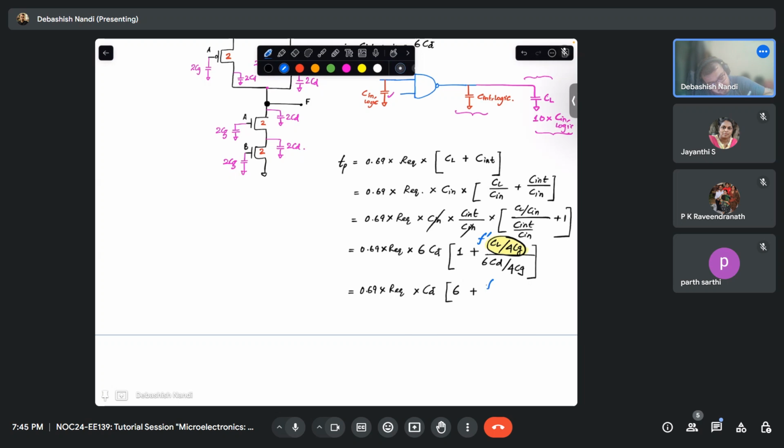Okay, so I will have F dash over, the 6 CD will get cancelled. So I will get 4CG, right? Just let me simplify the mathematics for you. I think it is getting complicated.